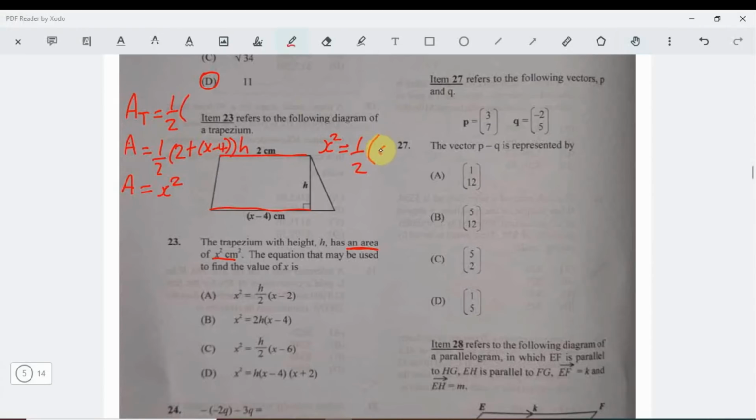In other words, it's going to work out to be x minus 2 multiplied by h. All we do is simplify this to become this. So look which one that is, and that is option A. Nice.